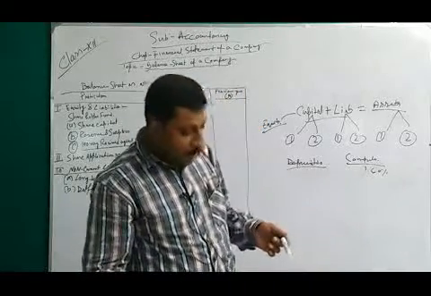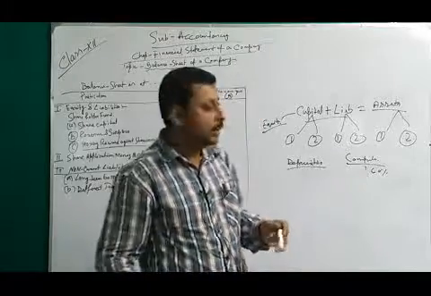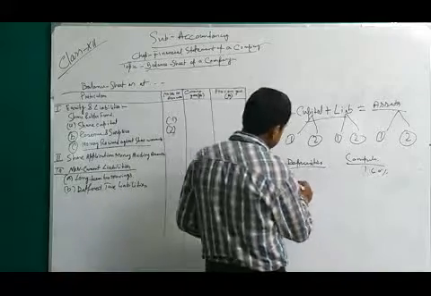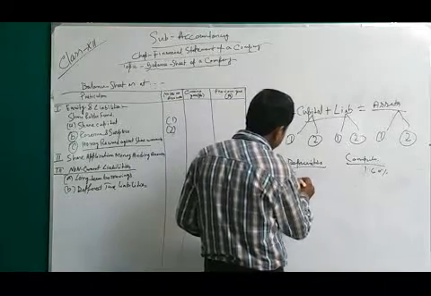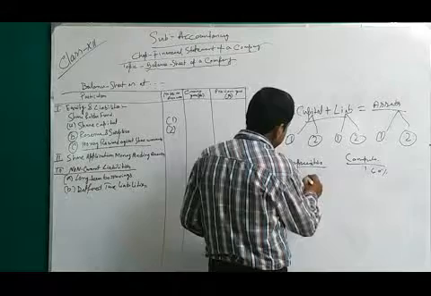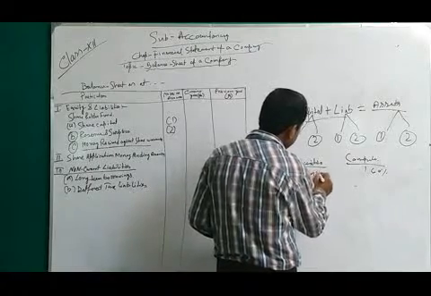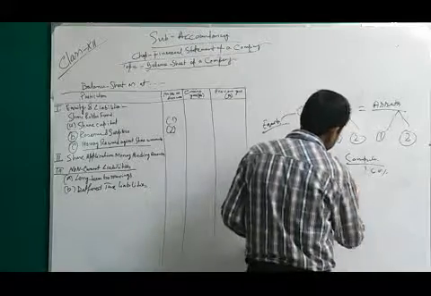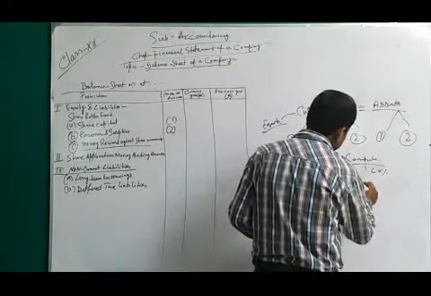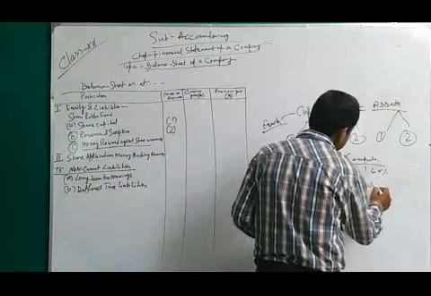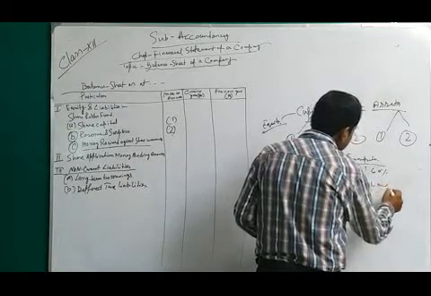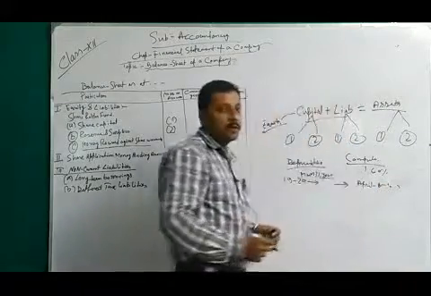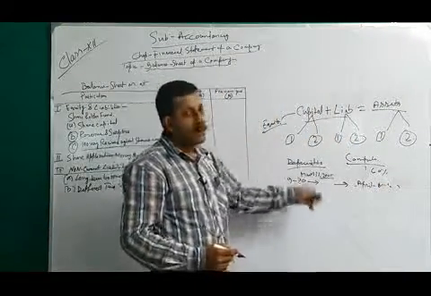If your accounting period ends March 31, 2020, then you have to pay your tax in April, May, June, July of 2020, that means the next financial year.